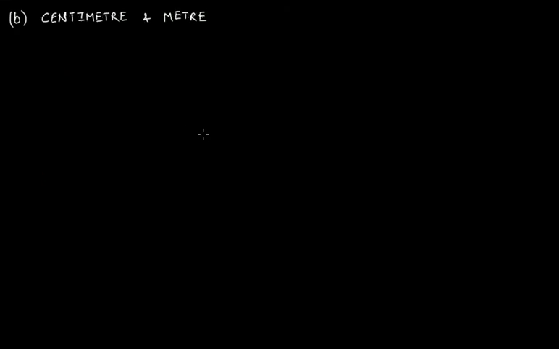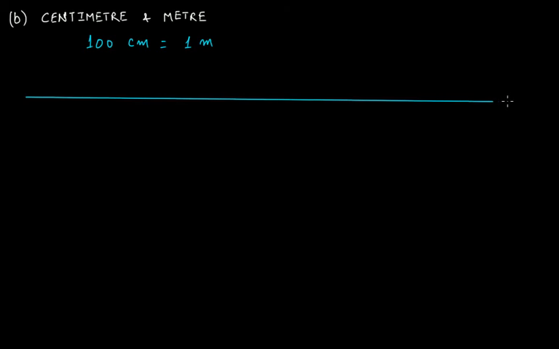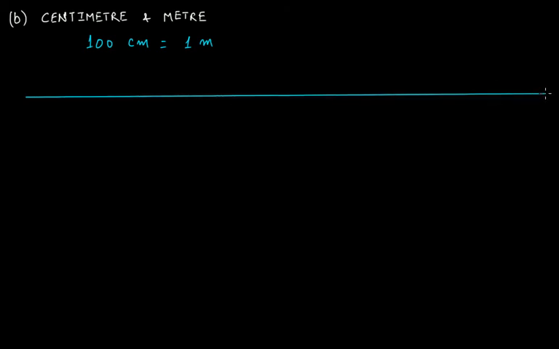Now how many centimeter is equal to 1 meter? You will say that 100 centimeter is equal to 1 meter. It means that if you assume that this is a line that is 1 meter, and if you divide this 1 meter into 10 equal parts, that is 1, 2, 3, 4, 5, 6, 7, 8, 9 and 10.